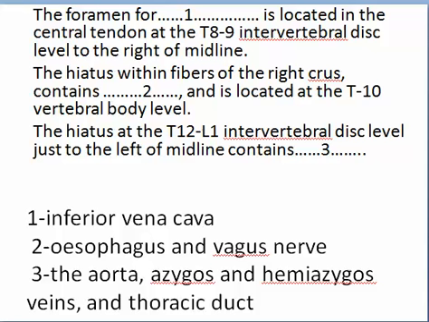So to repeat again, the inferior vena cava is opposite the T8-9 space at the central tendon to the right. The esophagus and vagus are within the right crus, opposite T10, but the aorta, azygos, hemiazygos, and thoracic duct are to the left of the midline at the level of T12-L1, a lower level.